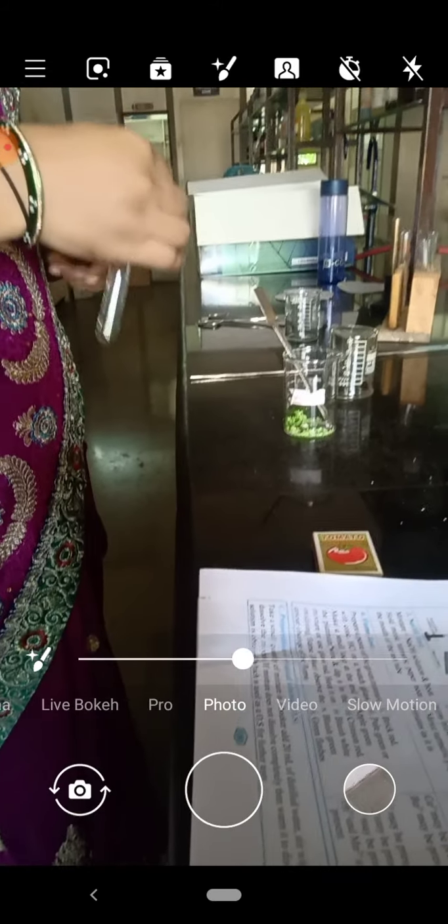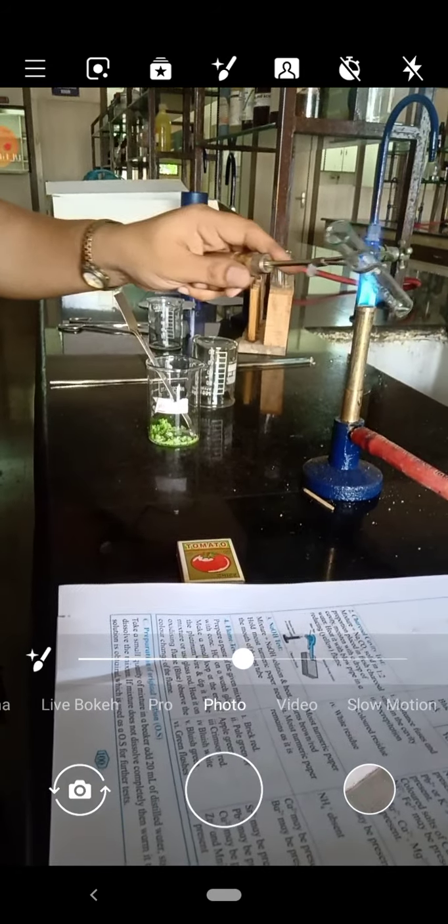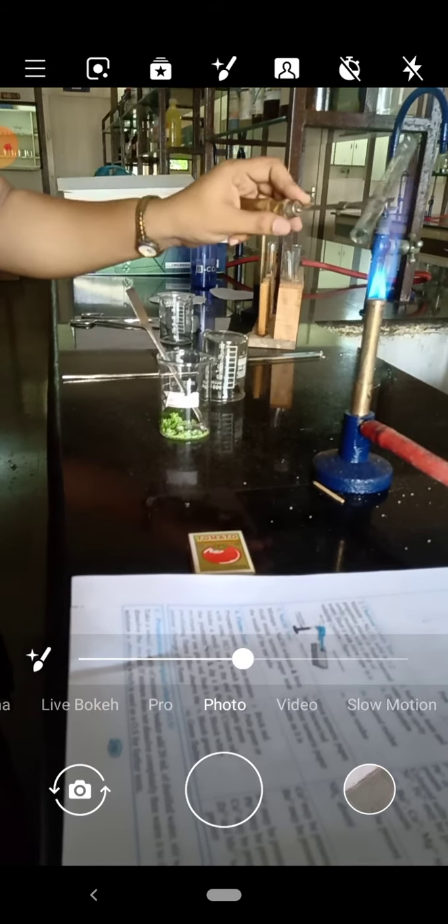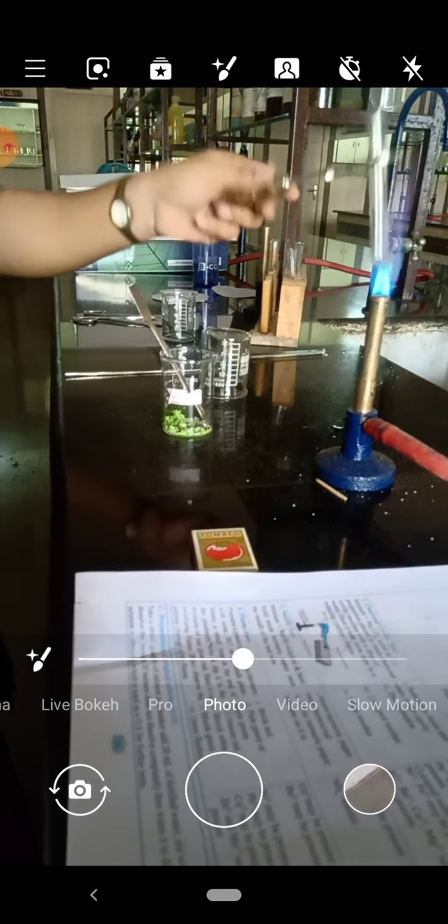Even you can wipe with a filter paper, but still we have to heat it for a few seconds. Now I am making the test tube dry.